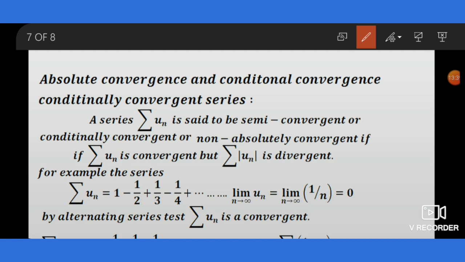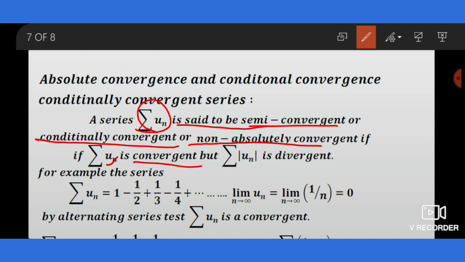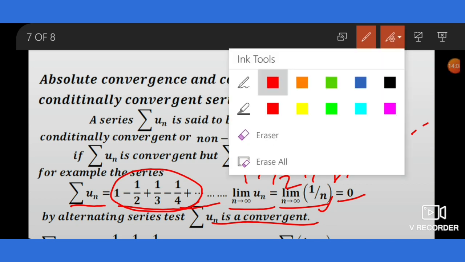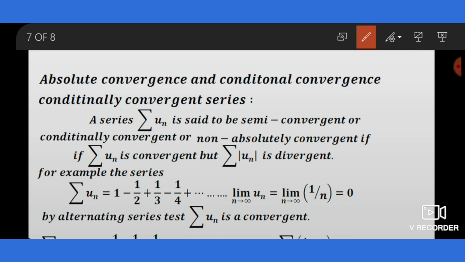Conditionally convergent series. A series summation un is said to be semi-convergent, conditionally convergent, or non-absolutely convergent if summation un is convergent but summation mod of un is divergent. For example, consider the series summation un equal to 1 minus 1/2 plus 1/3 minus so on.